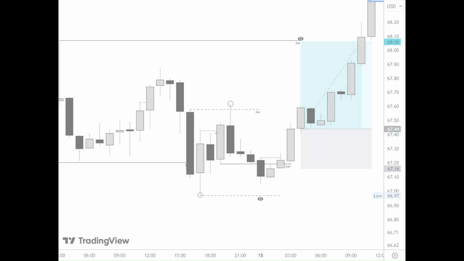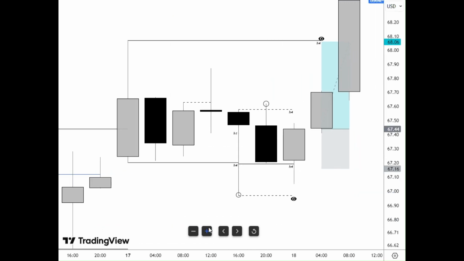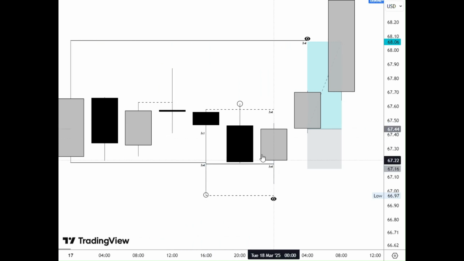So let me go back to a 4-hour time frame. Looking at here, we had a manipulation of this low, and then it closed back inside, right? Once we close back inside, we know that we're looking for those continuations to the upside.